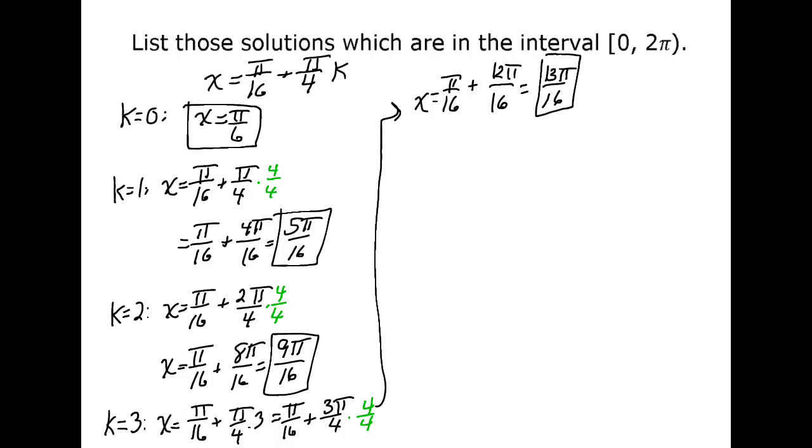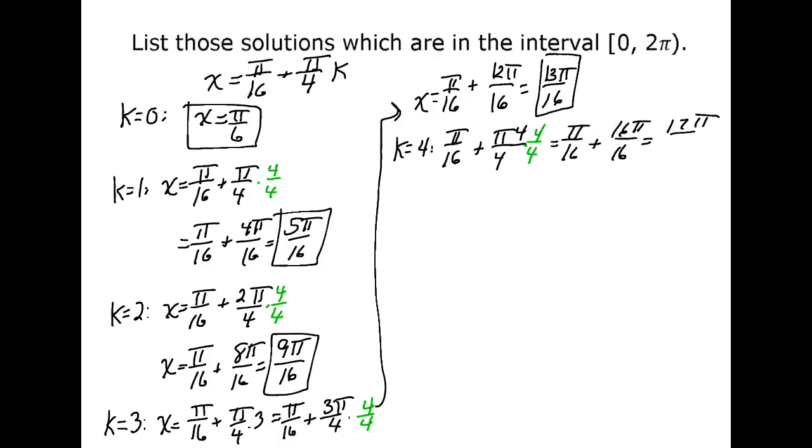Okay, and how about k equaling 4? So we have pi over 16 plus pi over 4 times 4, so 4 pi over 4, and multiplying by 4/4, we would have pi over 16 plus 16 pi over 16, so 17 pi over 16.